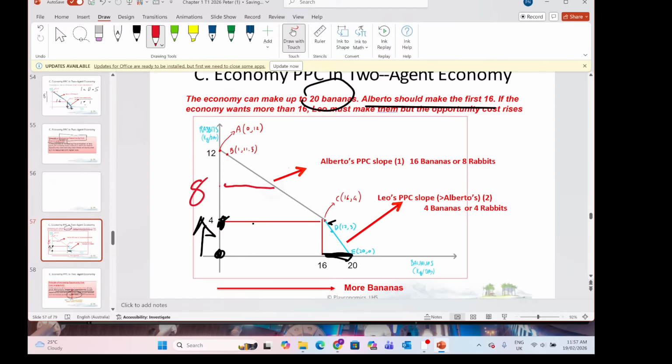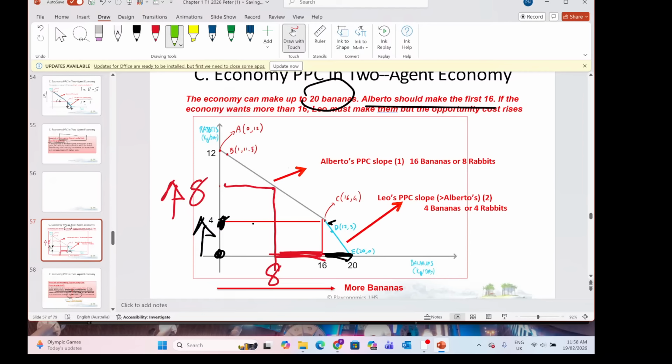Then now Alberto is making these 4, the red 4, and now he's going to give up 8 rabbits, not 4 rabbits. So the opportunity cost is rising when Alberto makes rabbits. And you can see it rising.